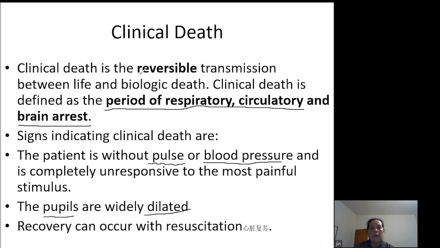But clinical death is reversible. So we can try to save the patient by recovering the function of respiration and circulation. People can still come back to life. So reversible here is possible, but not every patient will recover from that stage.